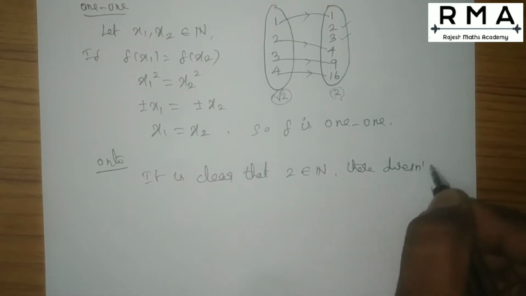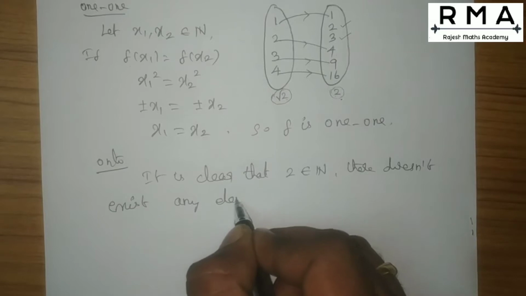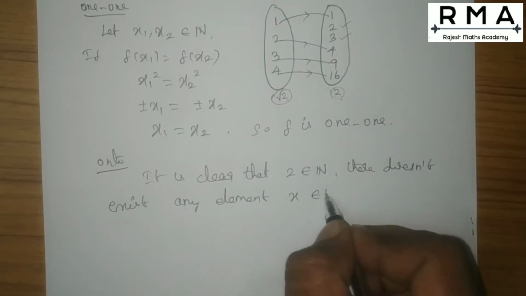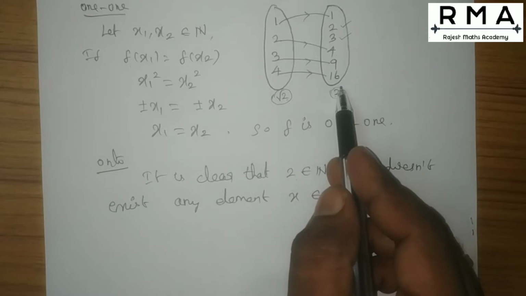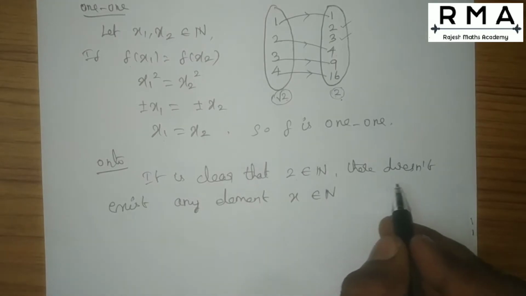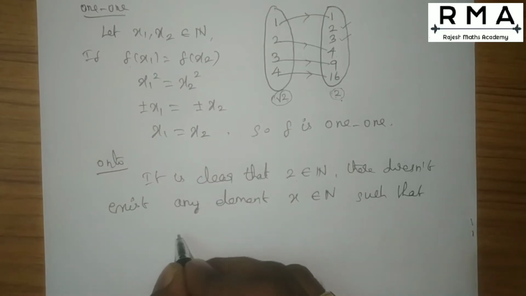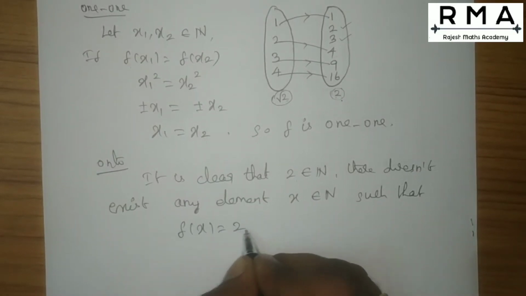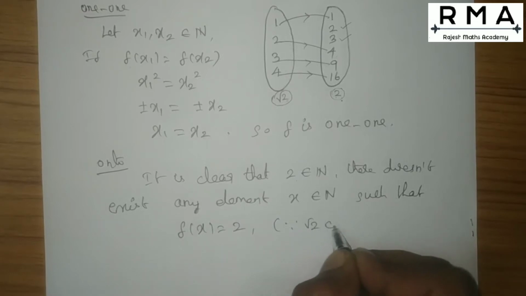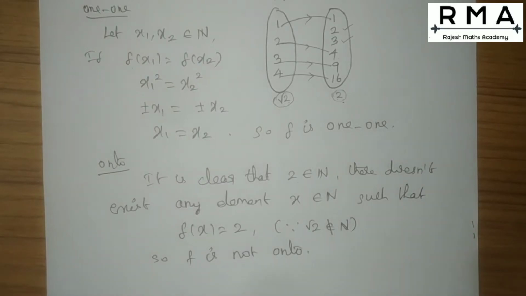There does not exist any element x belonging to the natural numbers, where 2 belongs to the second set and x belongs to the first set, such that f of x is mapped with 2, since root 2 does not belong to the natural number set. So clearly f is not onto. F is not onto. Clear?